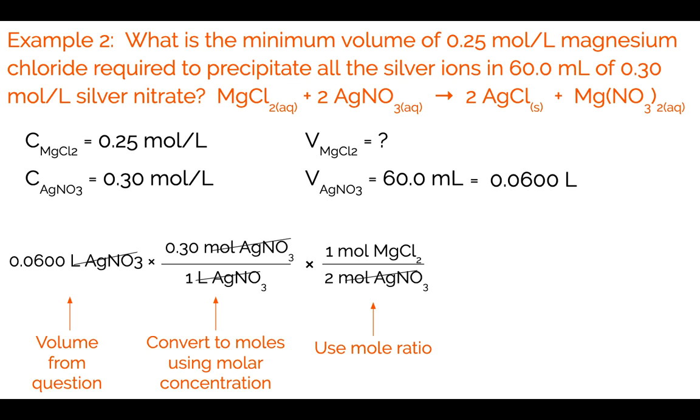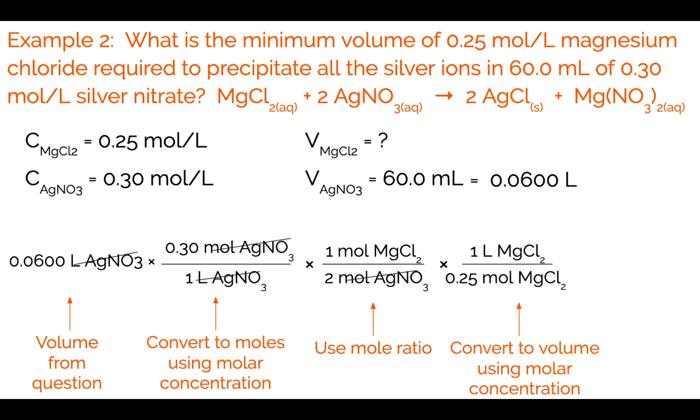So now we need to get to volume, and we know the concentration. So we're going to use that concentration as a conversion factor. This time it's flipped over compared to when we used the silver nitrate concentration, because we're trying to find a volume. So when we calculate that out, we get 0.036 liters of magnesium chloride.